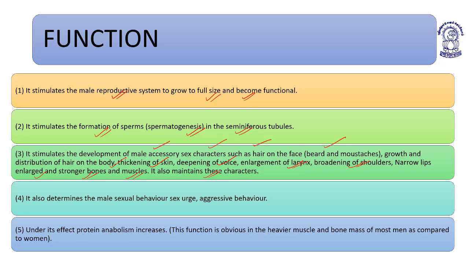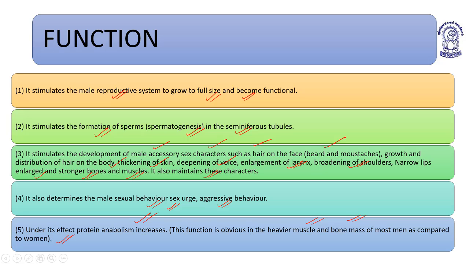It also maintains these characters. It also determines male sexual behavior like sexual urge and aggressive behavior. Under the effect of testosterone, protein anabolism increases. This function is obvious in the heavier muscles and bone mass of most men as compared to women.